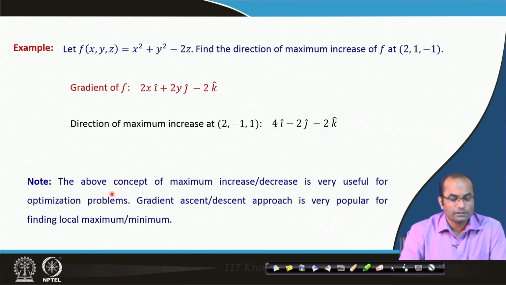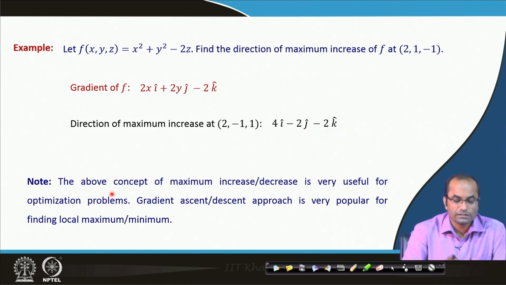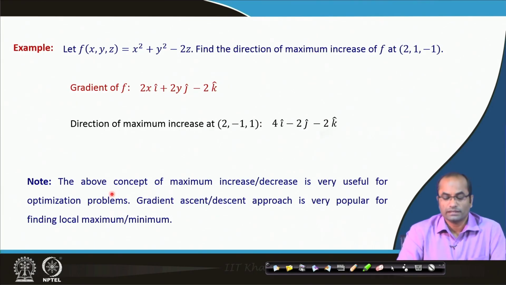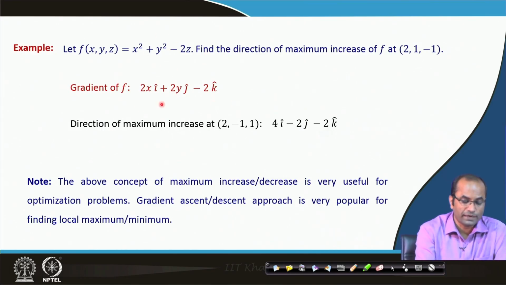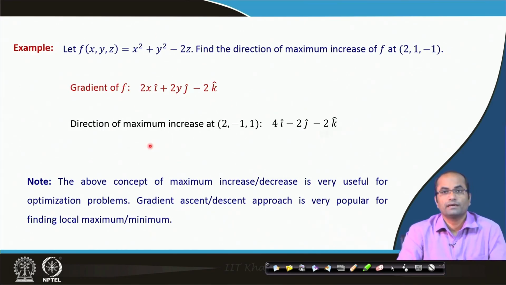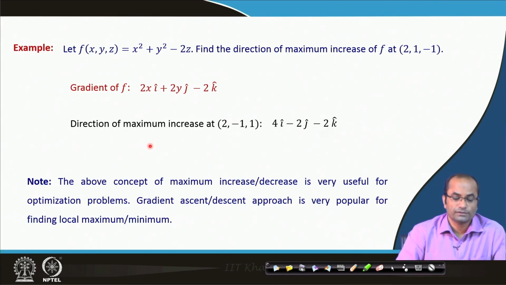So, just a note, this concept of maximum increase or decrease is very useful for optimization problems, which is well understood from this discussion, because by finding this gradient, we are actually getting the direction of maximum increase, or by finding this minus grad f, a direction where the function decreases most rapidly.